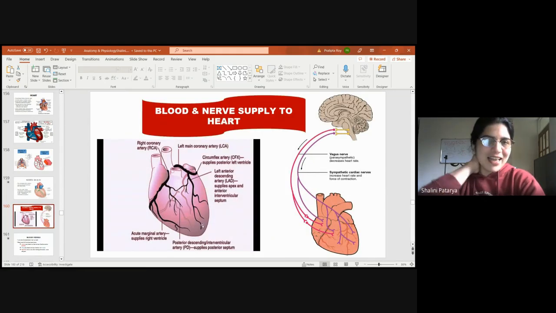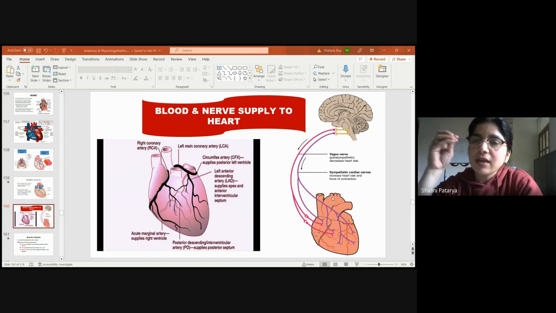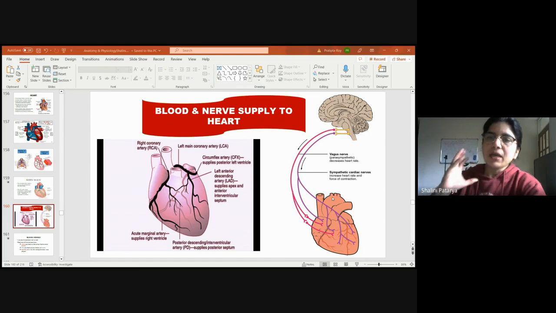But anyways, now we will look at the vagus nerves and other things. Same thing I told you just now, right? The nerves are giving some impulses or action potential around your muscles. I told you the muscles are around your heart.